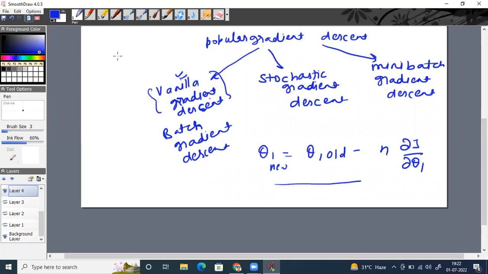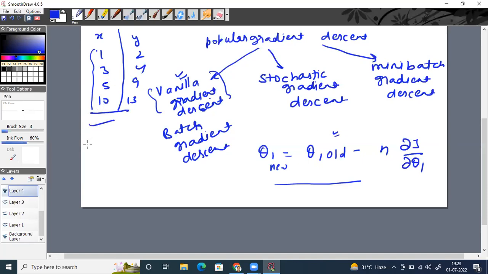Suppose you have a data set available in which X is the input and Y is the output. We have data points 1, 2, 3, 4, 5, 9, 10, 15. In batch gradient descent, your weight update will happen only when all your data points are considered.